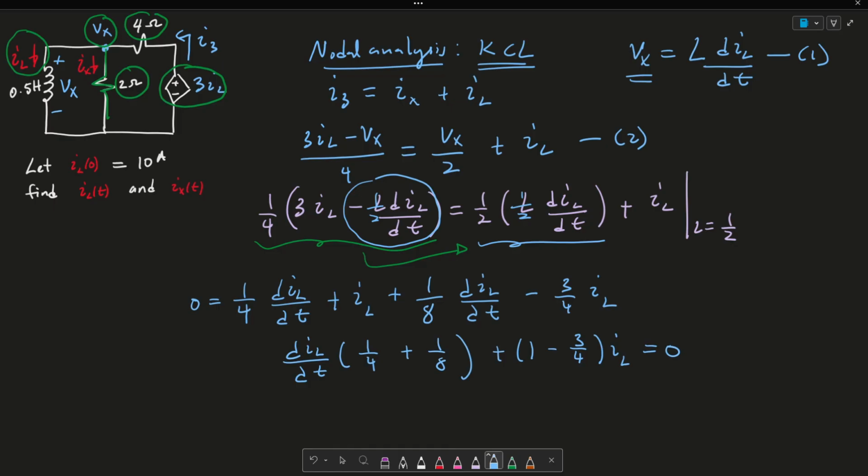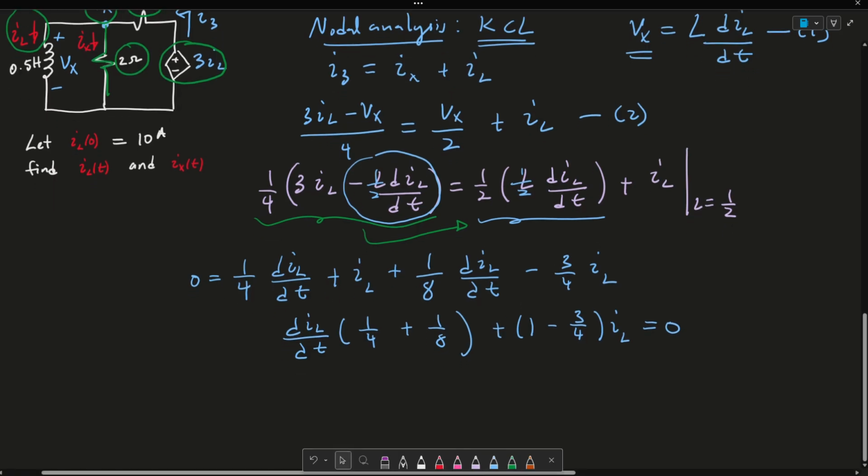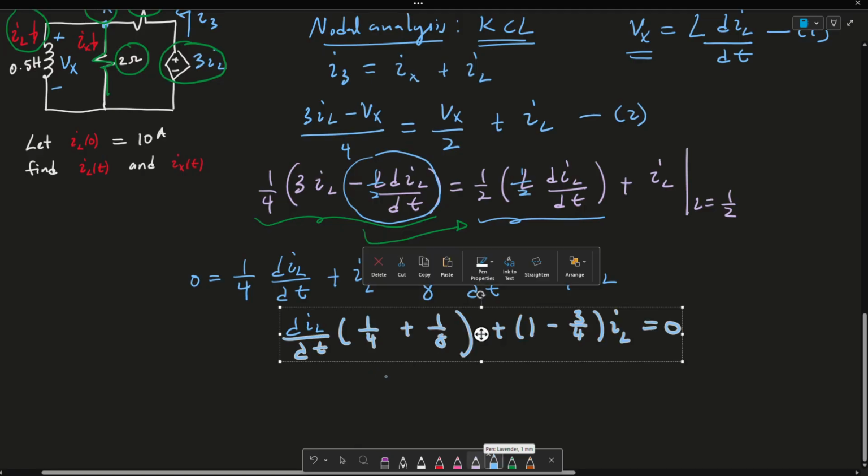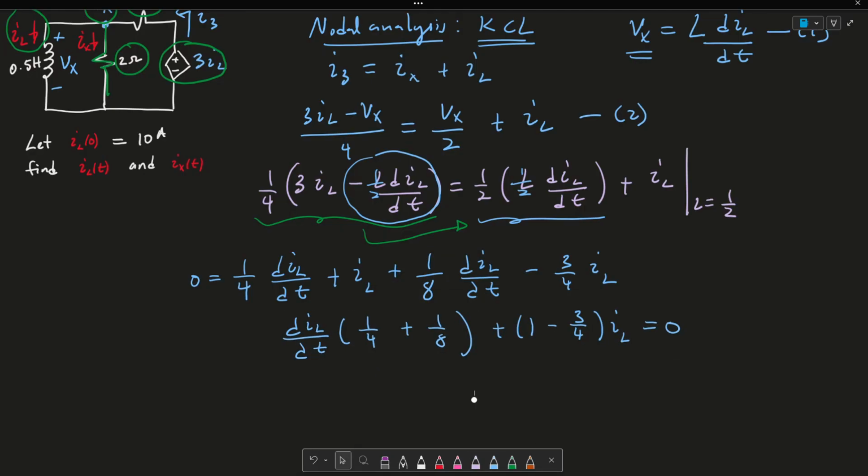I hope this equation makes sense. So then we're going to finalize this by saying that this is going to be 3 over 8 diL/dt plus 1 over 4 iL, which must be equated to 0.